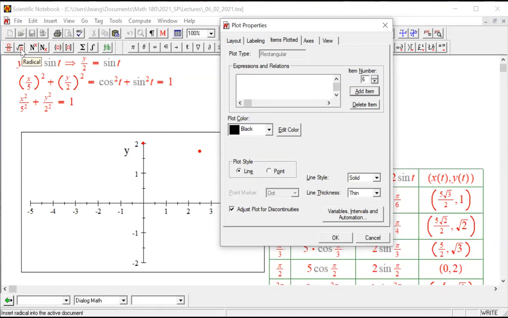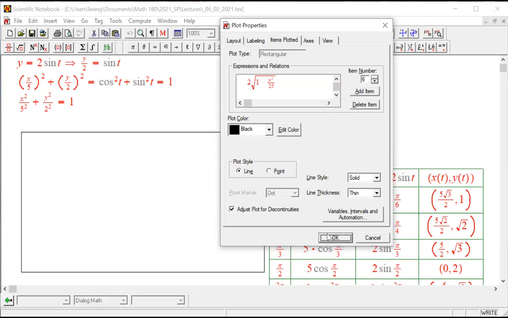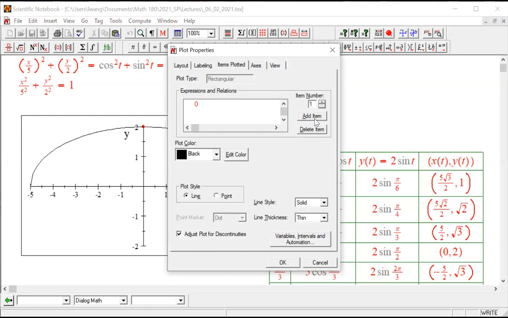So we're going to have y equals the square root of 1 minus x squared divided by 25, times 2. That's the first half, and the next half is the lower half.